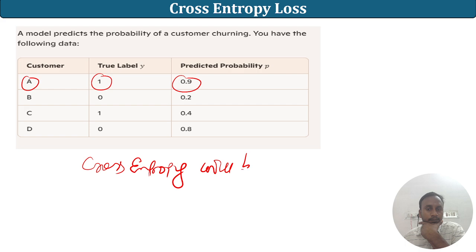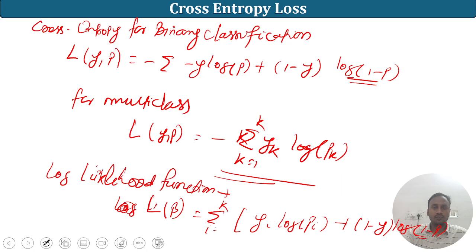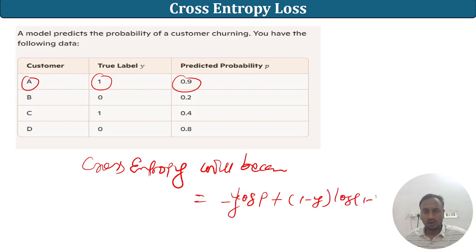As we know, the formula is minus of y log p plus 1 minus y log of 1 minus p.